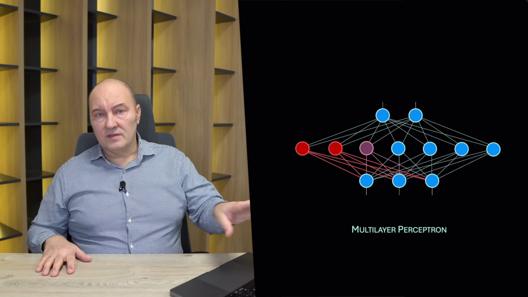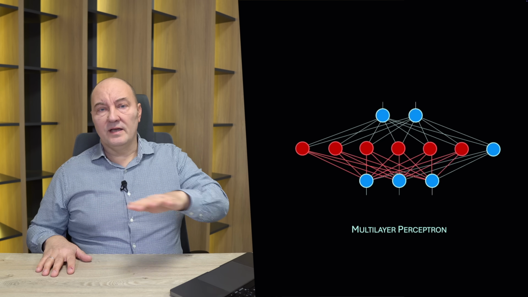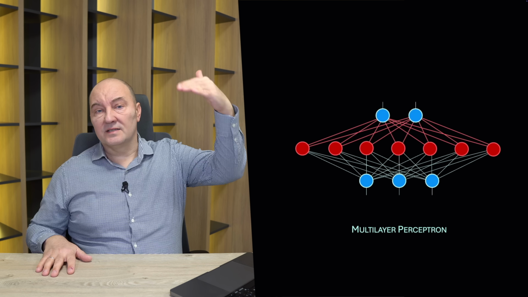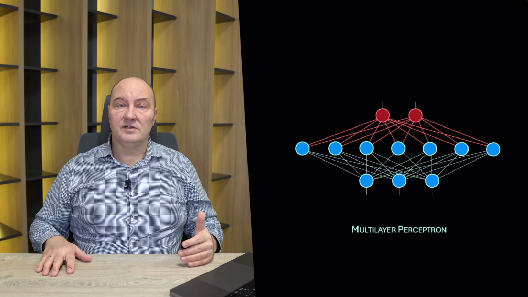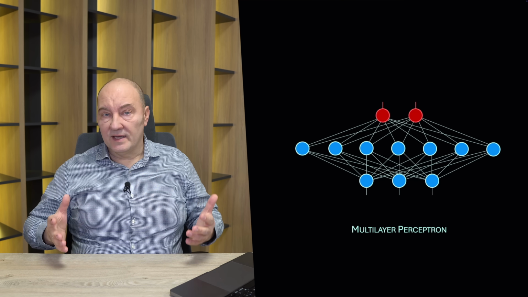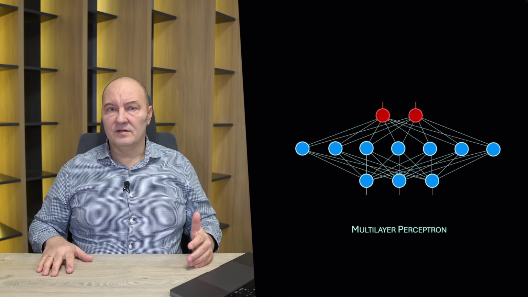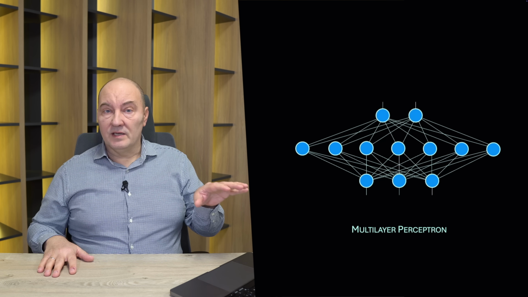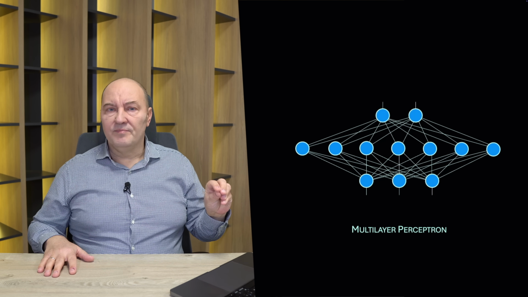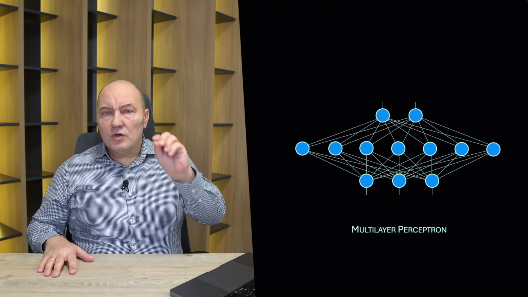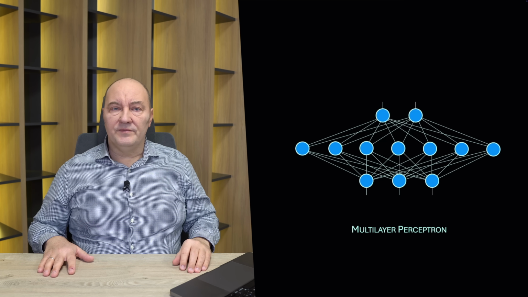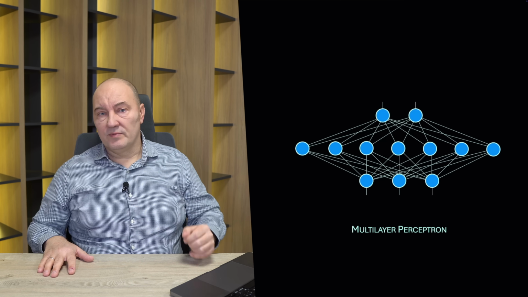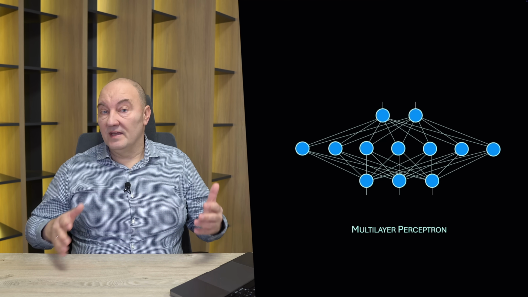Do that for all the neurons in one layer, and you have the output of that layer, pass it on to the next layer, and so on until you reach the output layer and you get the output of the entire artificial neural network. Those weights by which you multiply the values are the parameters of the artificial neural network, and you will know them as the parameters of the LLM.